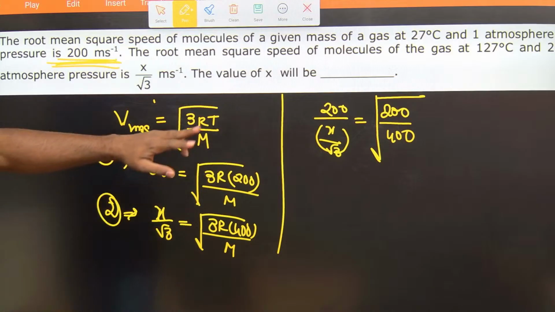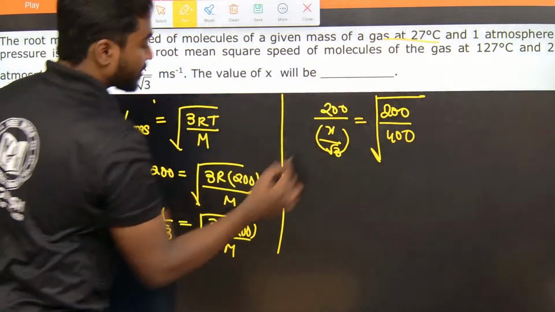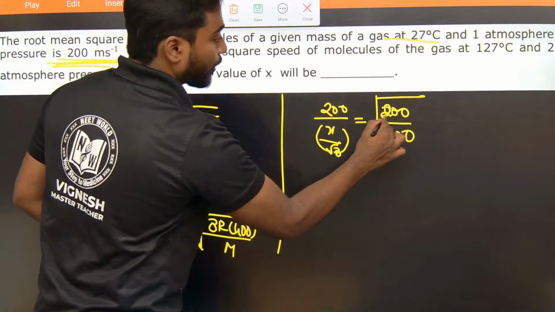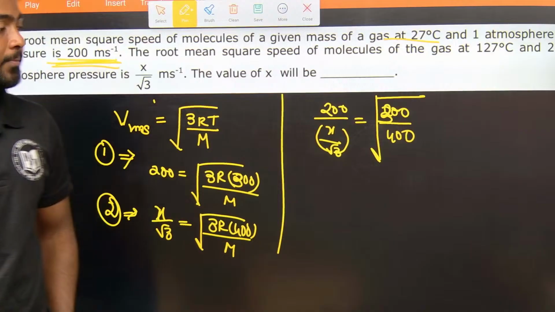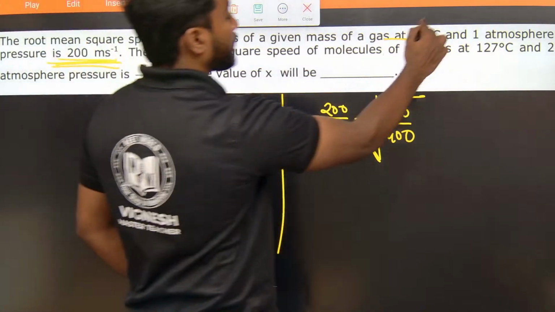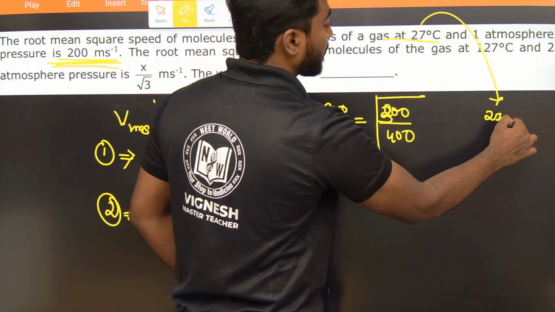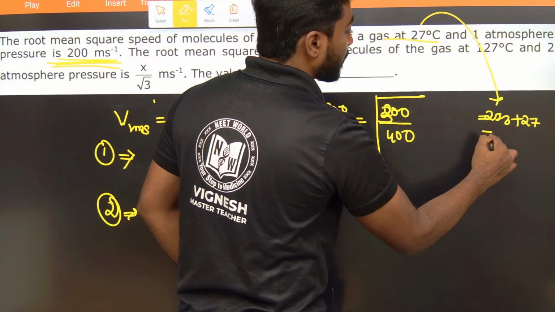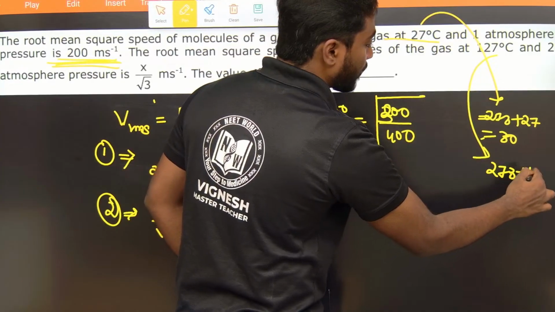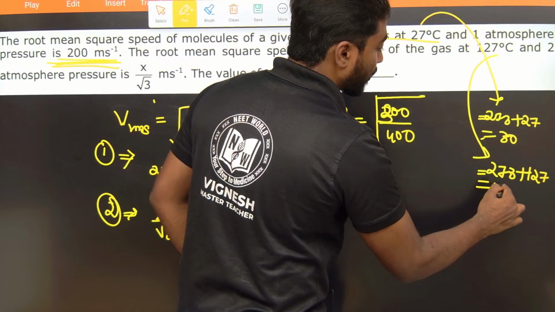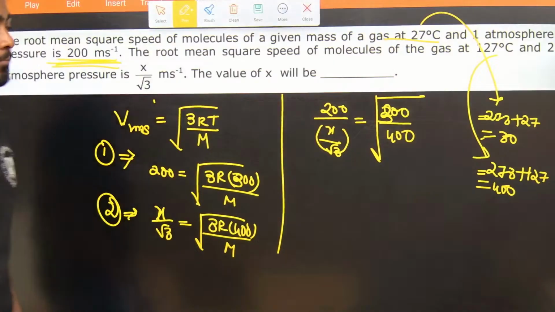Sorry guys, I wrote 200 earlier, but it is 27 degrees Celsius, so 273 plus 27, which is 300, and for this it is 273 plus 127, which is 400. Now it is fine.